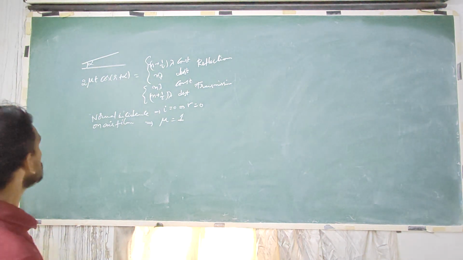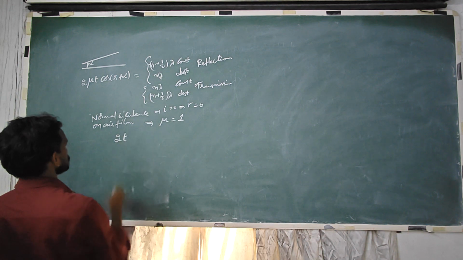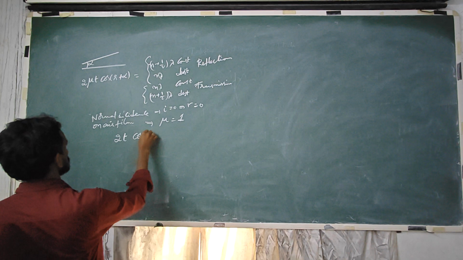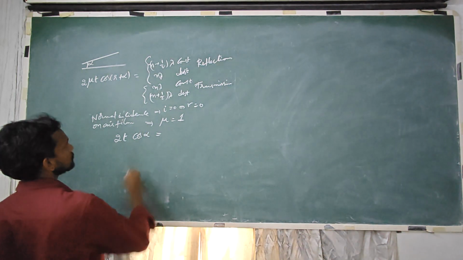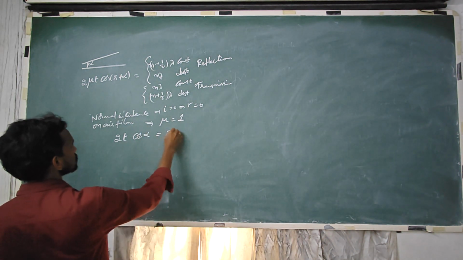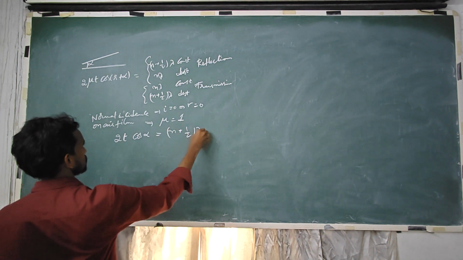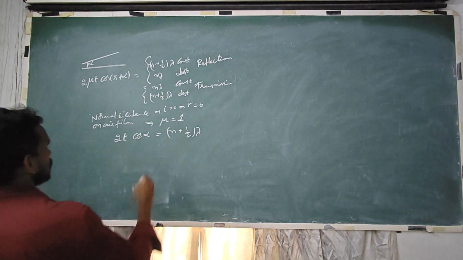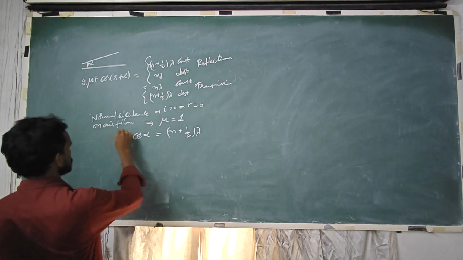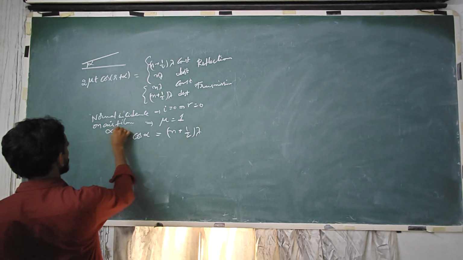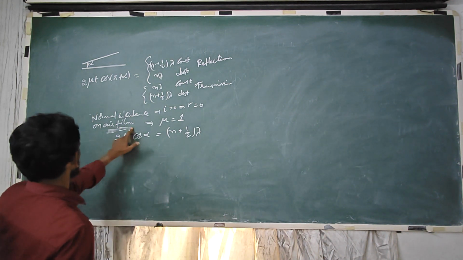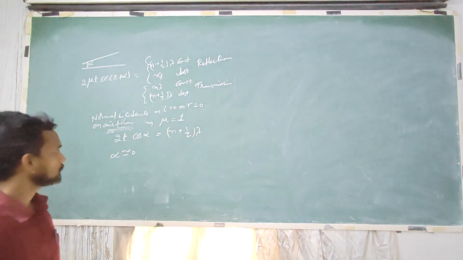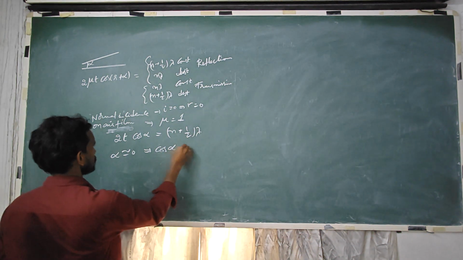So the equation becomes 2t cos alpha is equal to (n plus half) lambda. And we also assume alpha is negligibly small, so cos alpha is 1.